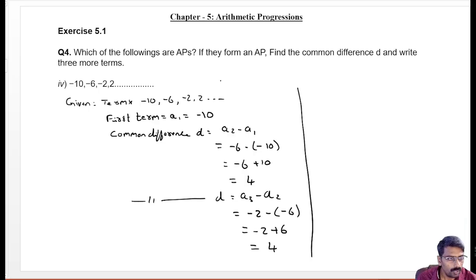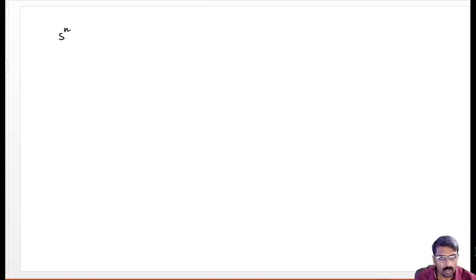So here we can write, since a2 minus a1 is equals to a3 minus a2, this forms an AP.